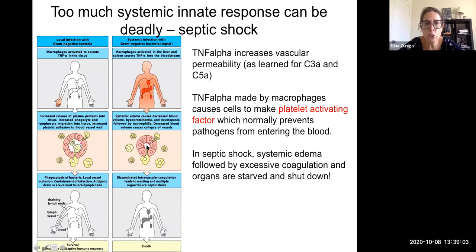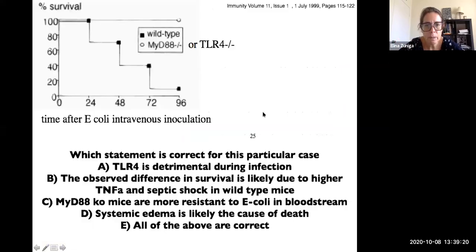And so the septic shock is a consequence of too much inflammation, or systemic inflammation, when these pro-inflammatory products like TNF-alpha reach the circulation in very high levels. Okay, we will skip this.